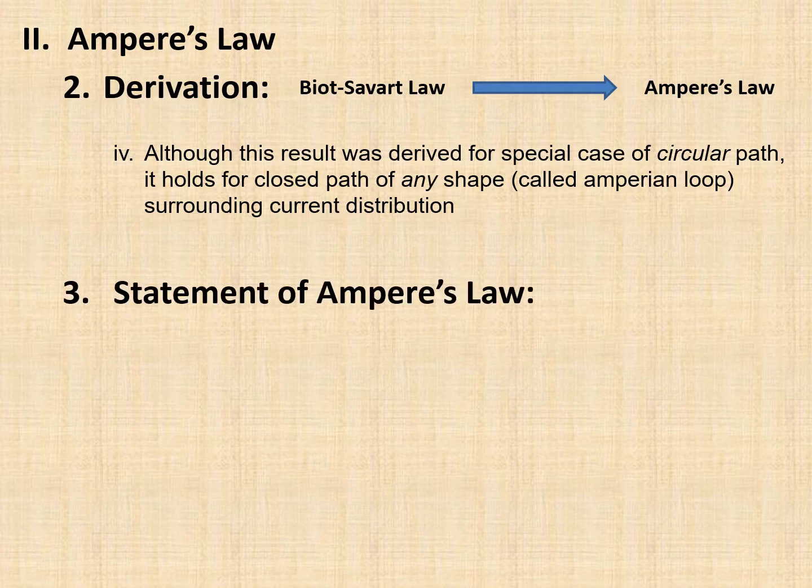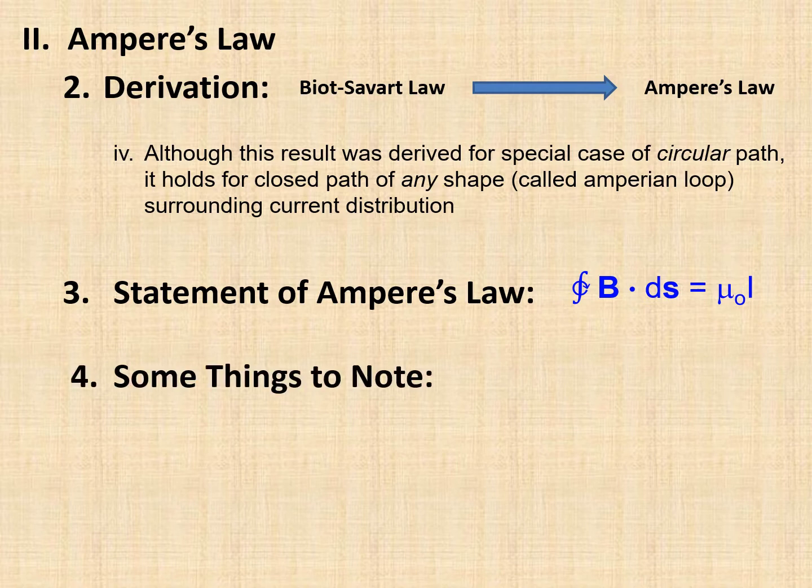So now we can formally state Ampere's law as follows. The line integral of B dot ds evaluated around any closed integration path is equal to this permeability constant mu naught times the current enclosed by the path. And we'll reiterate some of the points already made about Ampere's law.